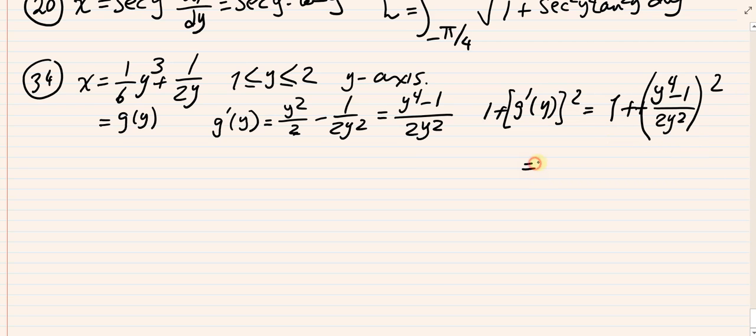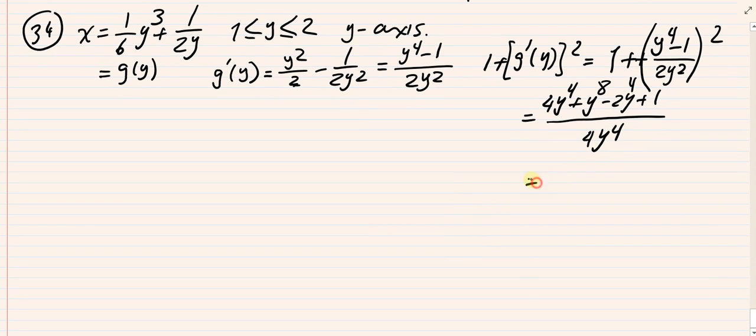Okay. So it's going to be 4y to the 4th, and then expand the binomial, y to the 8, negative 2y to the 4th plus 1, divided by 4y to the 4th. And this will give you, the denominator is 4y to the 4th, so you get y to the 8.